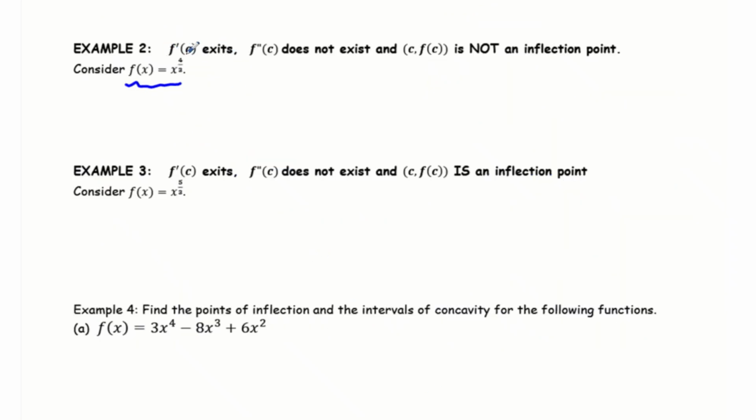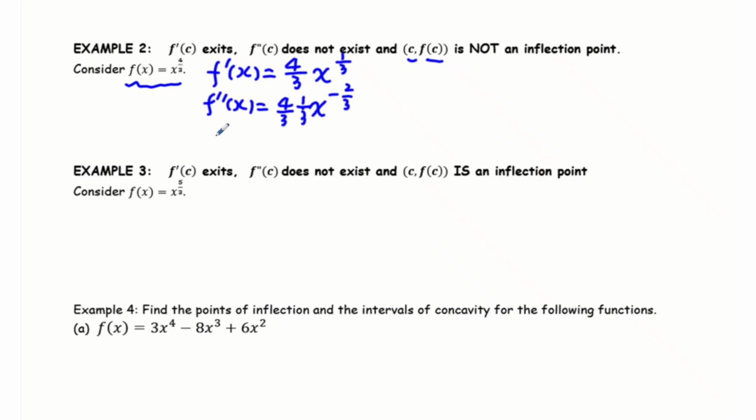So this is another type of question. The f prime exists, but f double prime doesn't exist. But this one is not an inflection point, so we are going to see why. So we do the f prime, 4/3 x to the exponent 1/3, and double prime, 4/3 times x to the exponent -2/3.